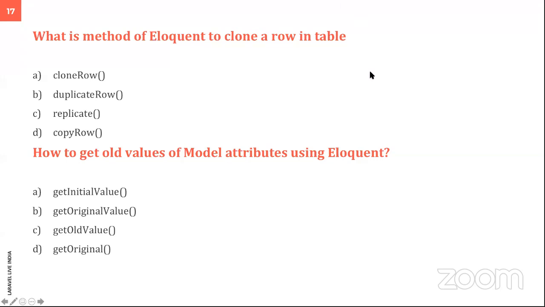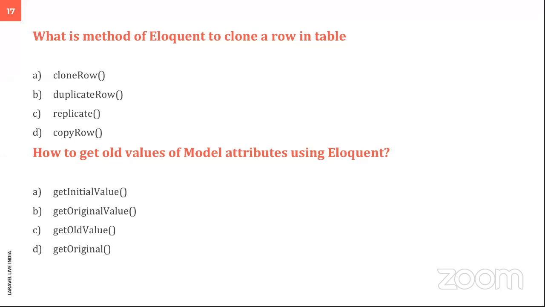And the second question is how to get old values of model attributes using Eloquent. What is the function name? Come on, guys, quick, give the answer. Okay, I see a lot of answers coming. Great.